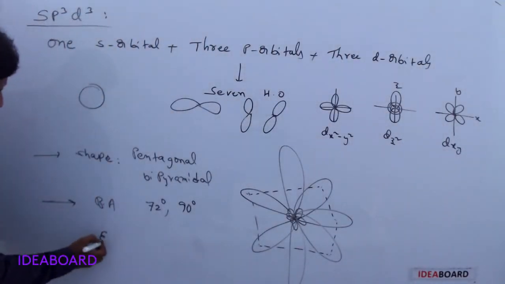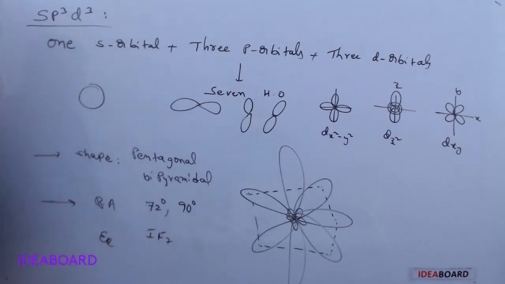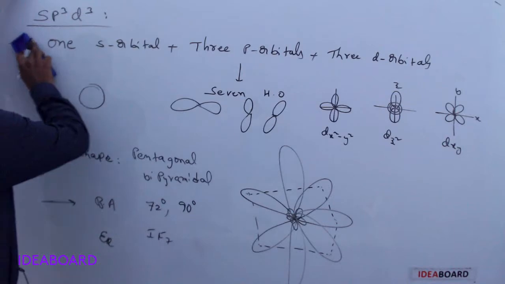An example for this is the formation of IF7, iodine heptafluoride. Okay, we will check that IF7 formation.